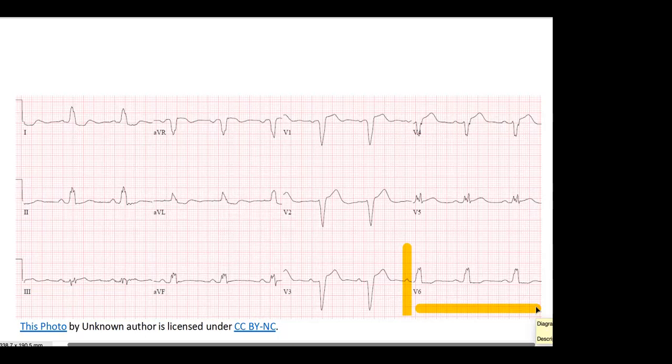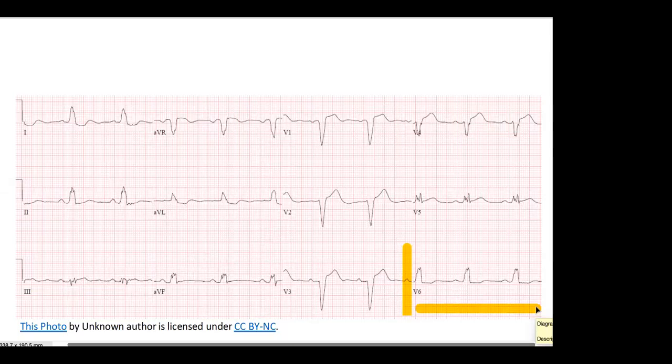When you talk about sinus rhythm, we said one of the criteria is that we need a P wave, and after P wave, we need a QRS complex. If we take the lead 2, for example, you see there is a P wave and there is a QRS complex. Regardless of the morphology, we just need a P wave and a QRS complex.